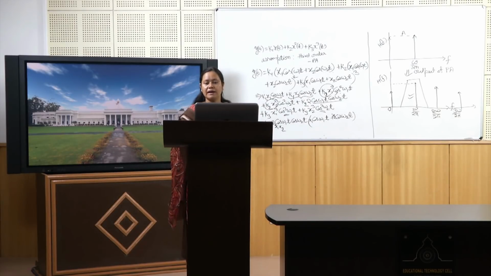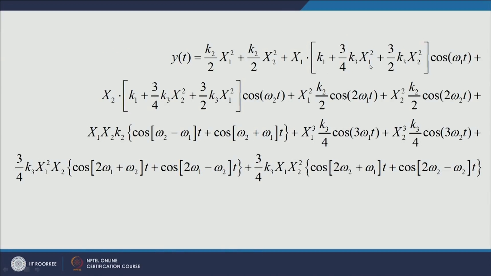Now, at our first frequency, omega 1, we have a component which is actually a multiplication of x1 and x2 both. So, a linear operation of x1, a second order of the amplitude of the first frequency signal, and the multiplication of the two amplitudes. Similarly, at the second frequency also, the amplitude is a function of the amplitude of both the signals, x2 as well as x1.